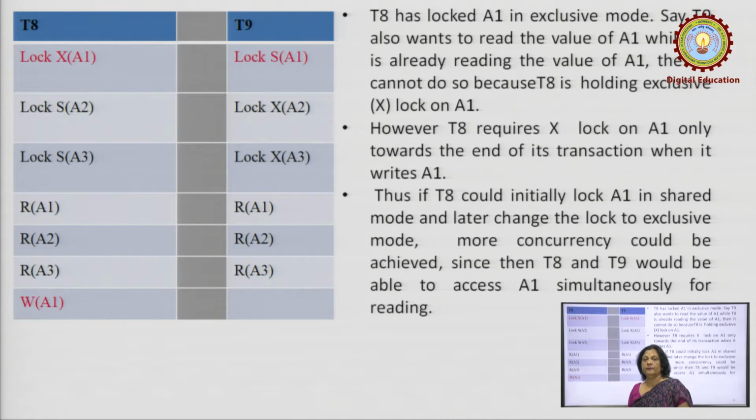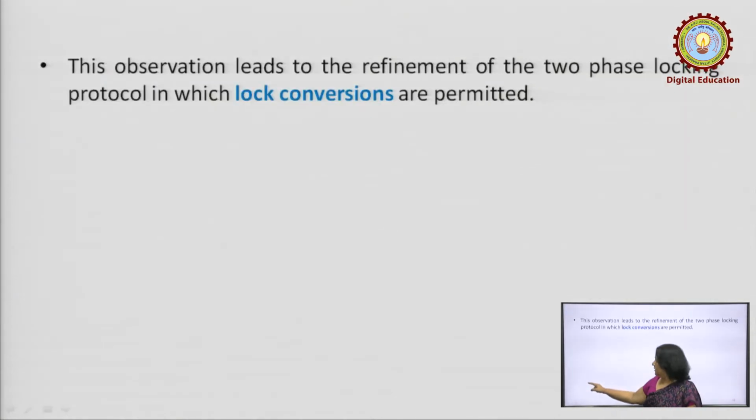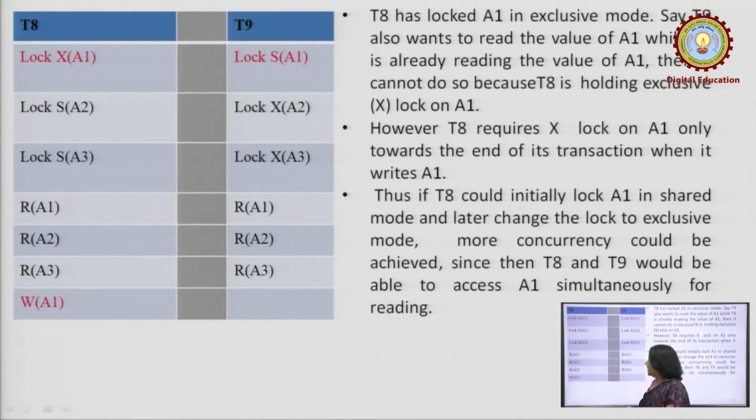So, had it been possible that T8 acquires a shared lock on the data item A1 here, so that T9 can also get a shared lock on the data item A1, and when T8 needs to write to the data item A1, it can simply convert the lock to an exclusive lock.